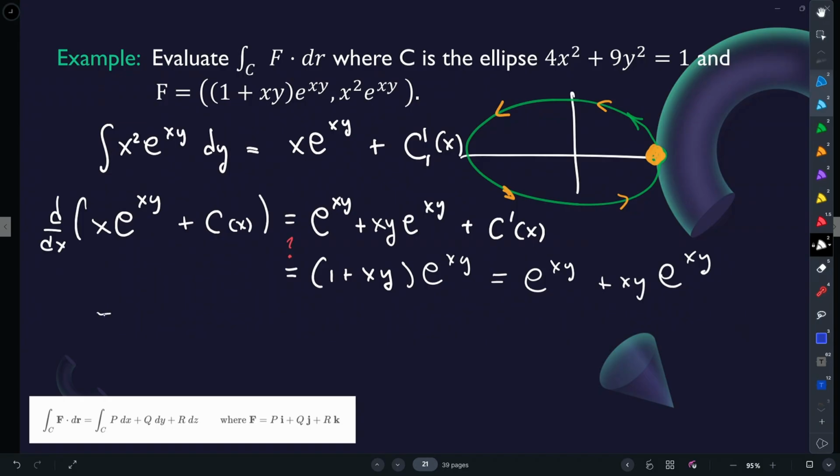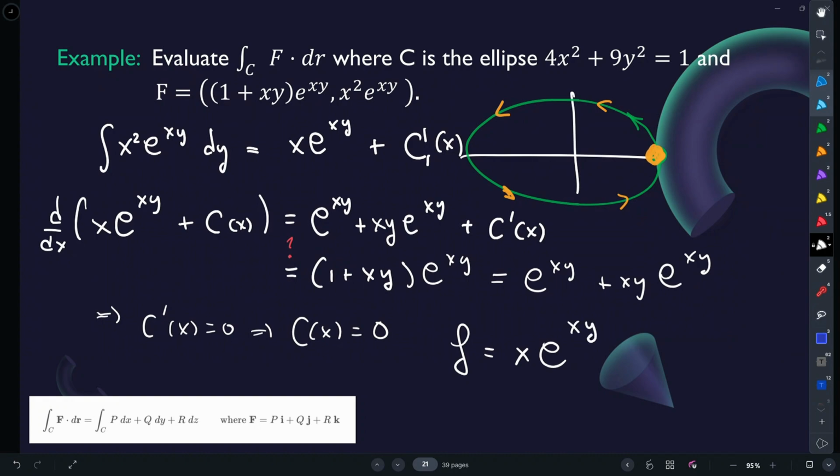So just pick c prime of x to be 0, and pick the constant function also to be 0, and I can take f to be this function, x e to the xy. That function has the property that its gradient is the vector field that they gave me.